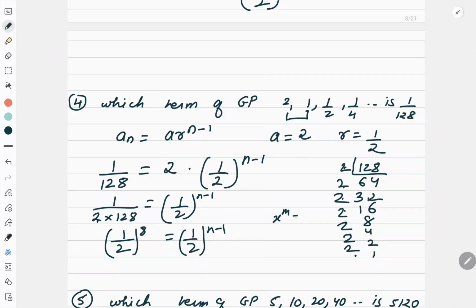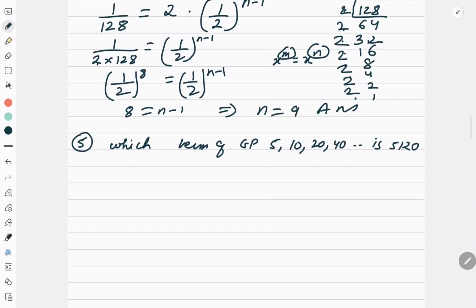If the base is same, then the power is also same. So 8 is equal to n minus 1 implies n is equal to 9, which is my answer. So the ninth term of this GP is 1 upon 128. Correct? Okay. So let's move to the next question.